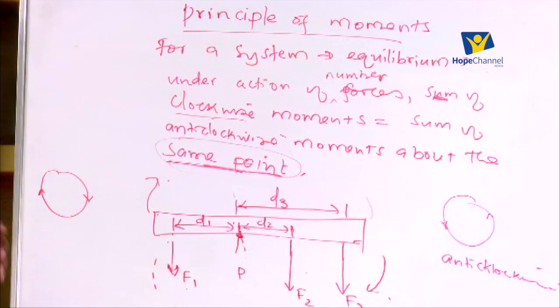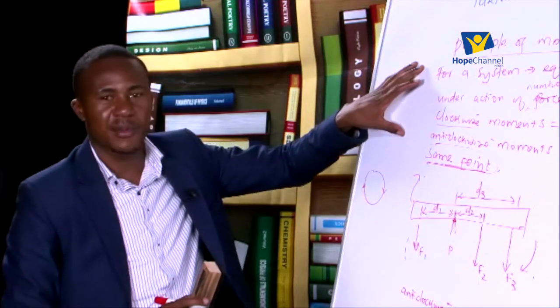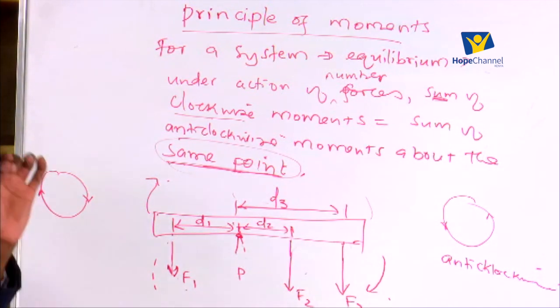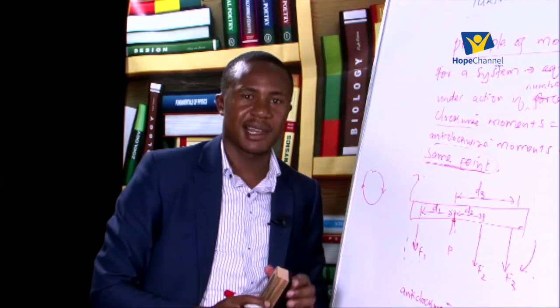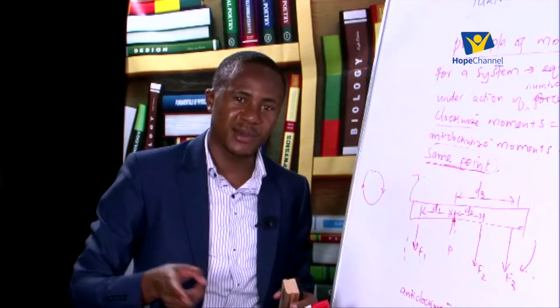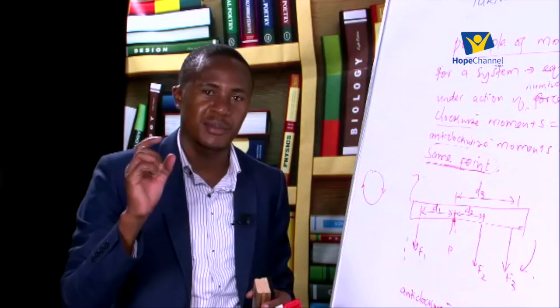So if that is the case and the system happens to be in equilibrium, then the principle of moments will hold. Then we can state the principle. We say that for a system which is in equilibrium, under action of a number of forces, the sum of clockwise moments will be equal to the sum of the anti-clockwise moments, but about the same position.